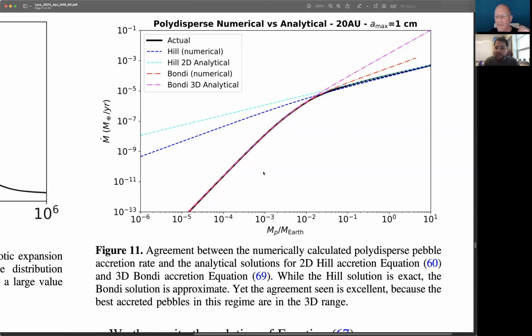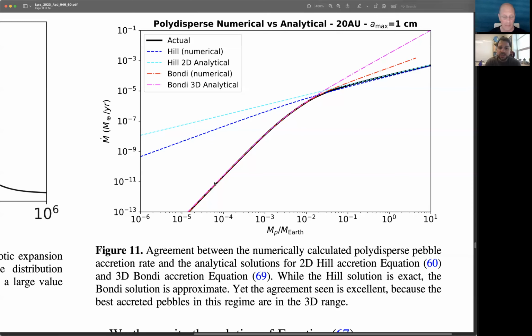Right. That's what you see. So having a 2D Hill analytical and a 3D Bondi analytical is exactly what you need for your model, right? If what you want is to predict how big these protoplanets will grow.